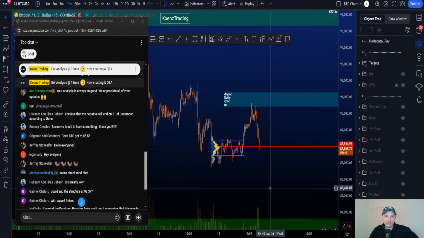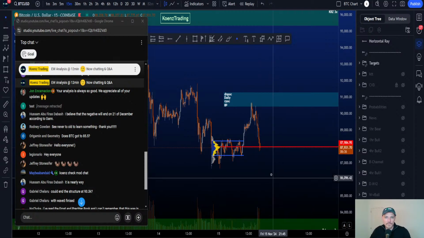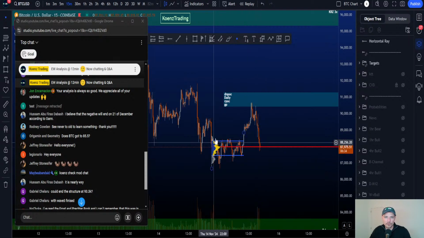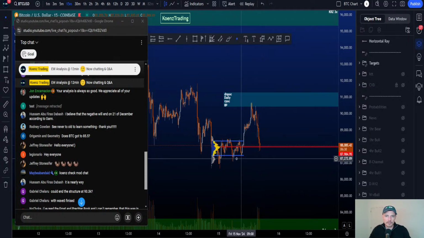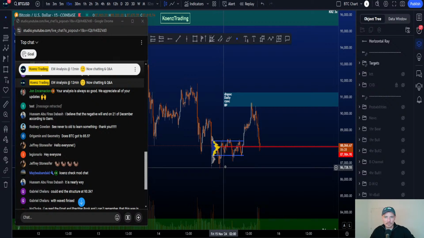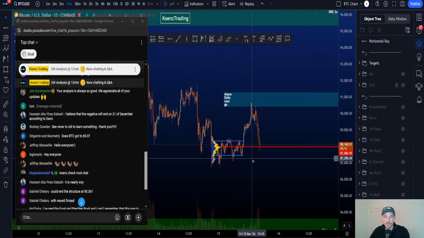But 85.5 is on the cards. At the moment, we are here at the point of control of this small range, which would be your first barrier to take out the current low. Of course, I can't answer the question of whether Bitcoin will go somewhere. Even if price does take out this low, will it go to 85.5? We don't know. It might just wick the low and then continue up, no?